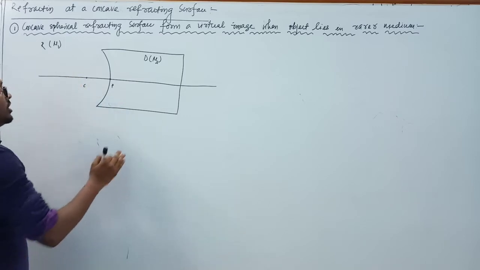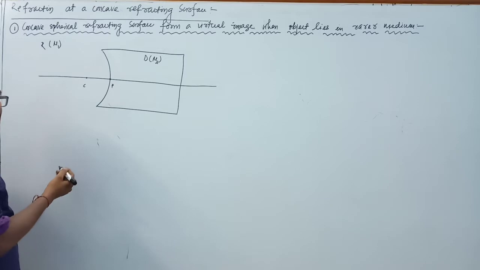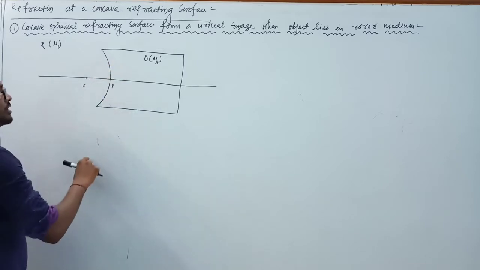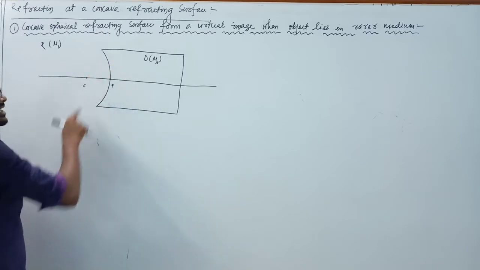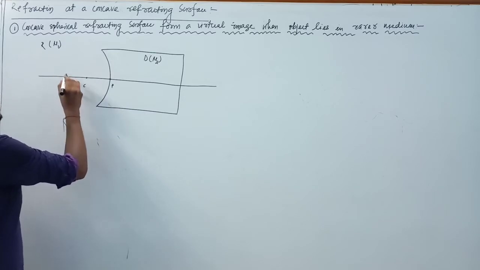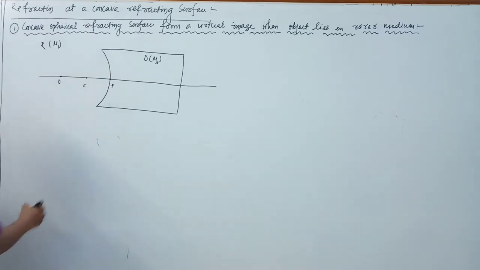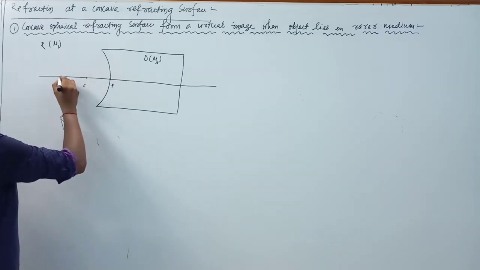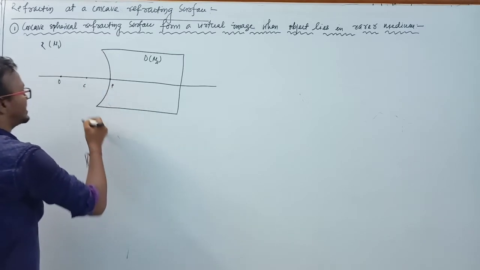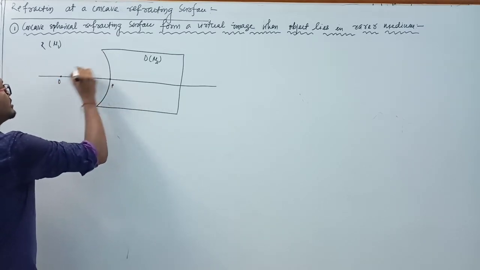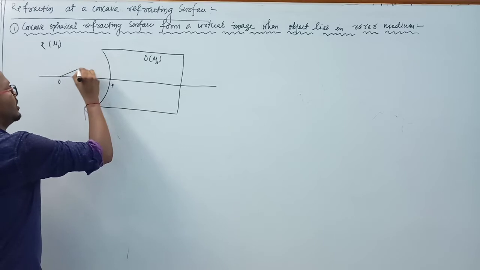Suppose we have to consider an assumption. We consider a point object, the aperture is very small, and the rays should be paraxial. Suppose there is an object O beyond the center of curvature, lying on the principal axis, and a ray starts from this point object.